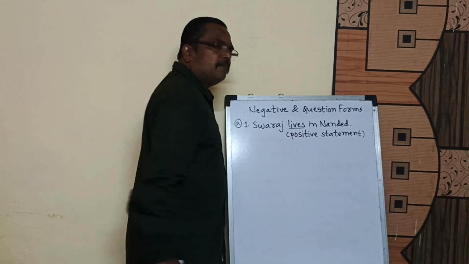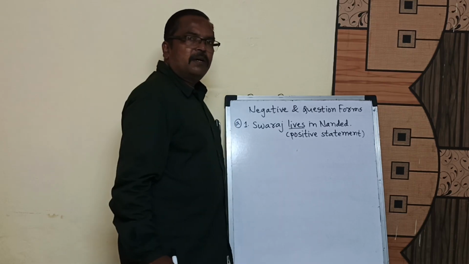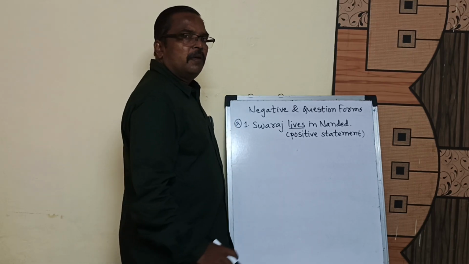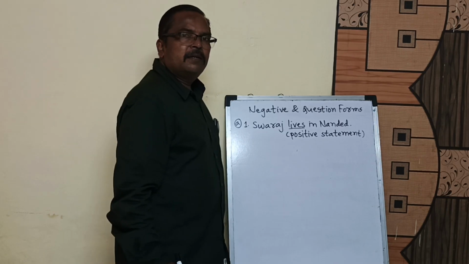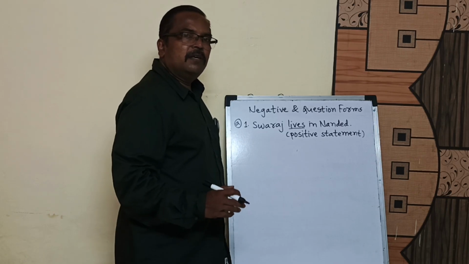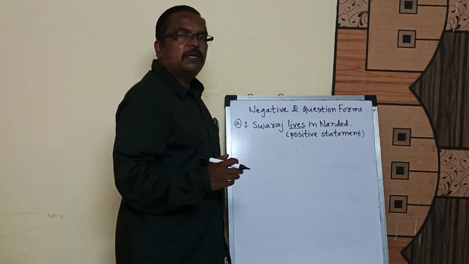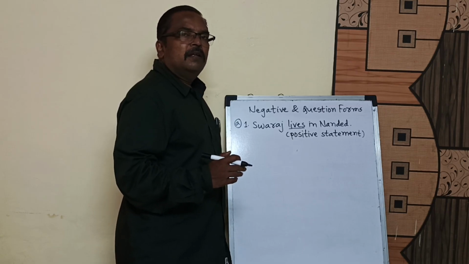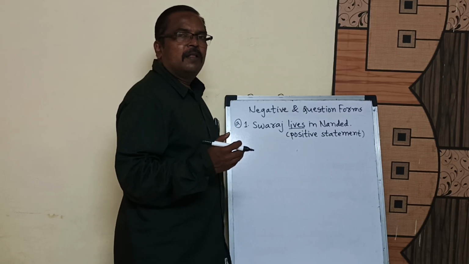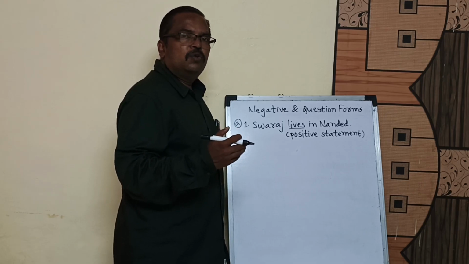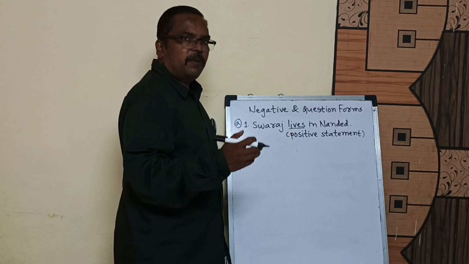So whenever you come across a main verb having an attachment with the suffix s or es, we must take the to do verb forms like do, does, did, depending on the tense pattern.